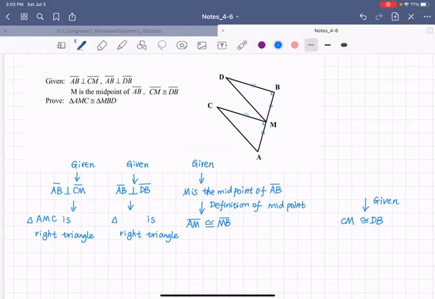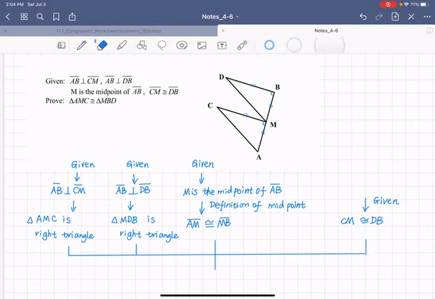And then MDB. Okay. Next. Triangle AMC is congruent to MBD by... Wait.